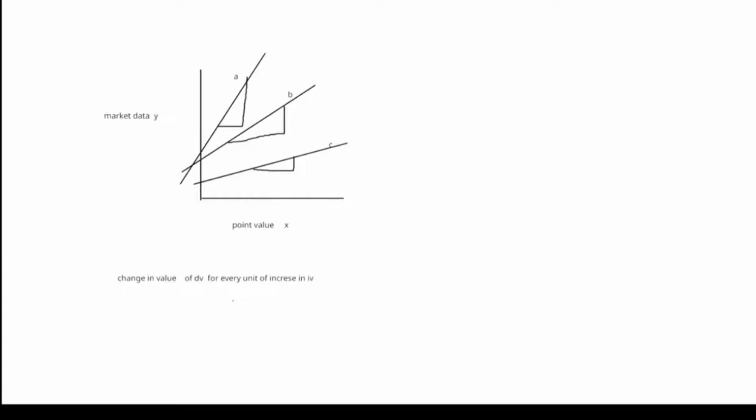Can you see that? For every increase in this, it is the change in the dependent variable. Is it clear, guys, now? It is the gradient. This is the gradient.